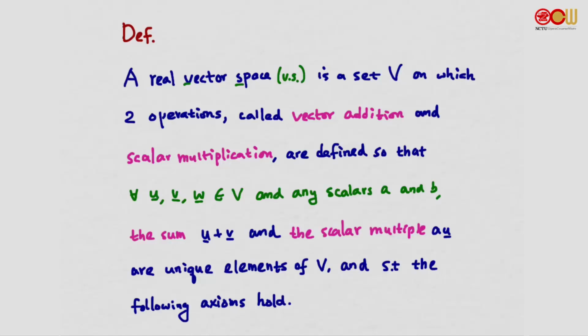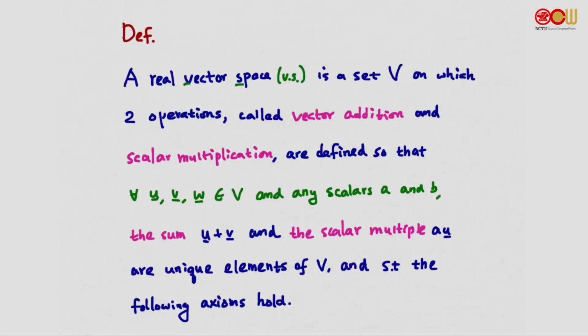For vector space, we will use the abbreviation VS. A vector space is a real set V on which 2 operations called vector addition and scalar multiplication are defined. So it's not just a set, it's a set with 2 operations defined on it.